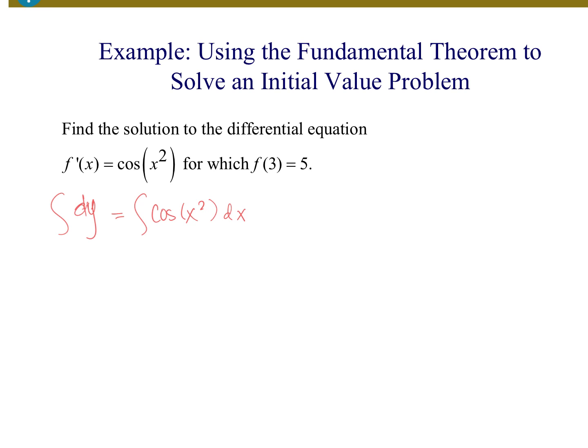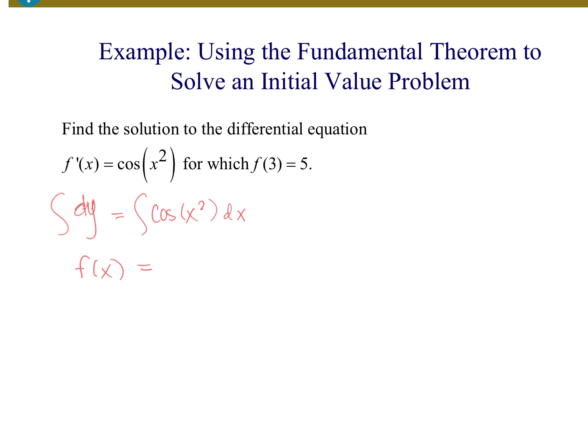I mean, it depends if you like the primes or the other, but we could say then f of x is going to be equal to, okay, do you guys know the antiderivative of the cosine of x squared? It doesn't work that way with variables.